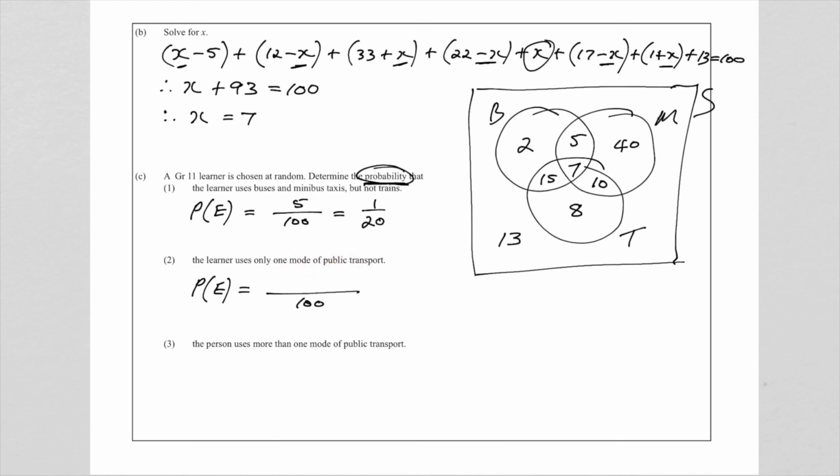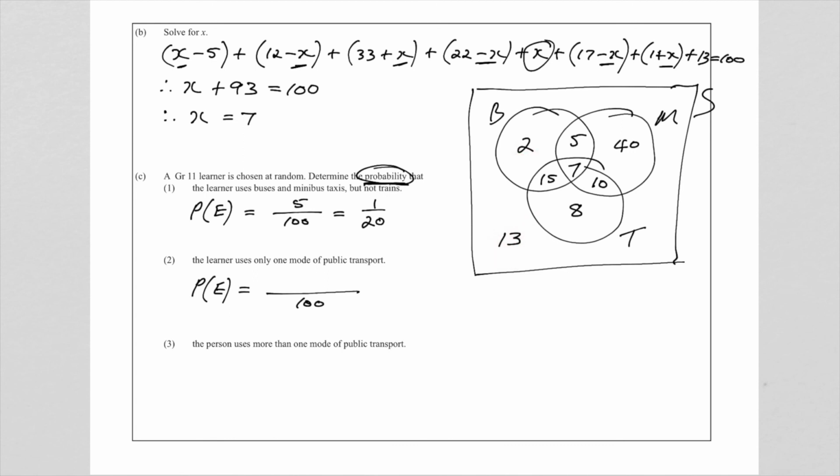And you will agree, if we start in the middle, that 7 represents all 3 modes of transport. The 5, the 15, the 10, 2 modes of transport. And the 2, the 40, and the 8 represents 1 mode of transport. And the 13 use no public transport.